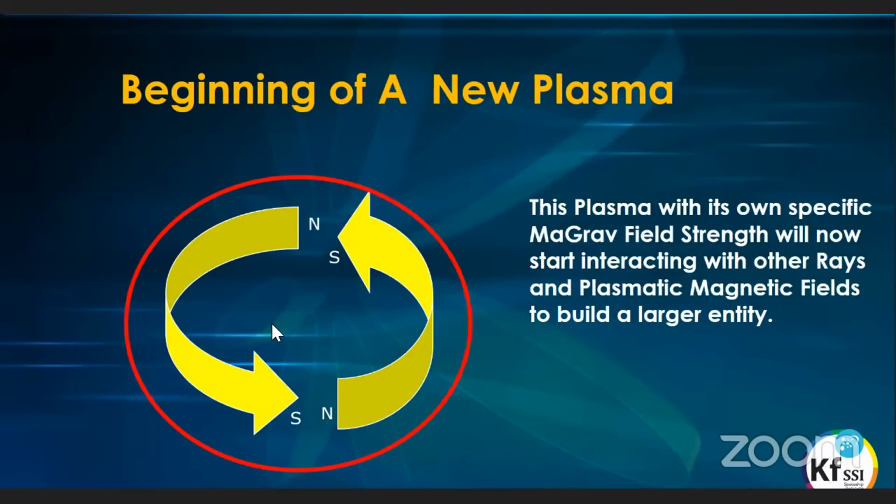So now this plasma with its own specific magnetical gravitational field strength will start interacting with other rays and plasmatic magnetic fields to build a larger entity. It gets more interaction of these fields.